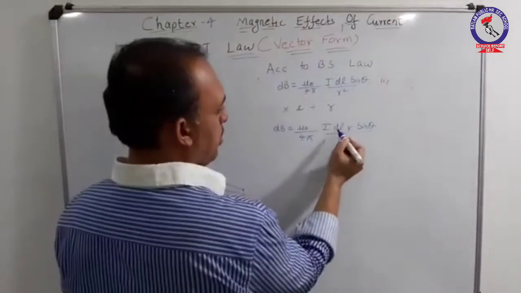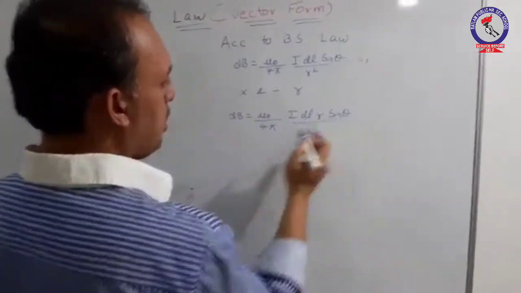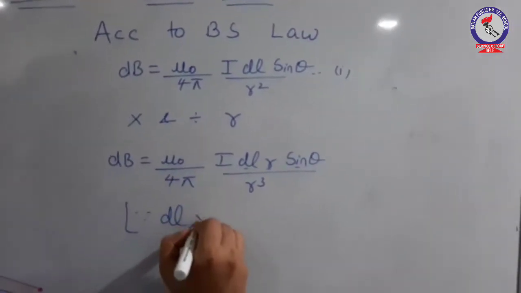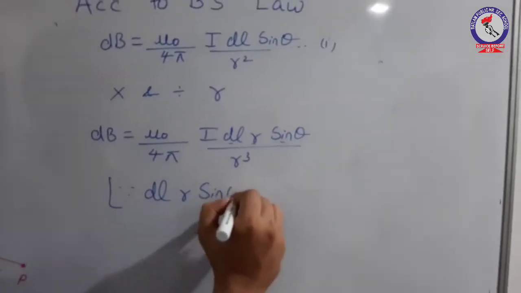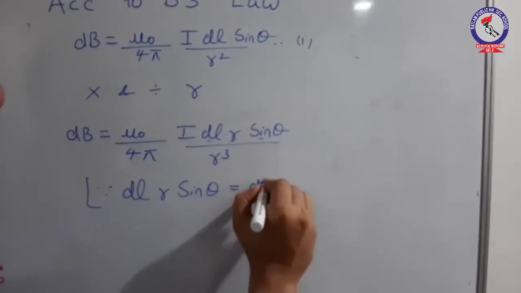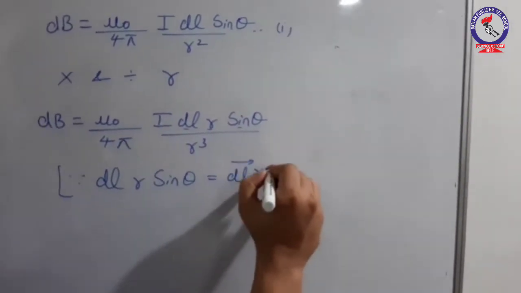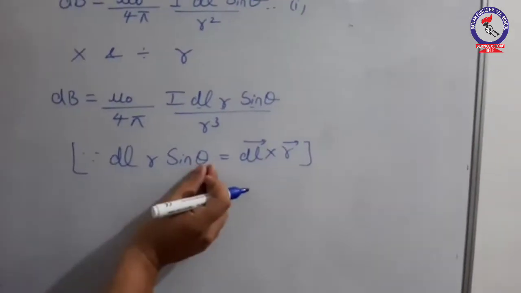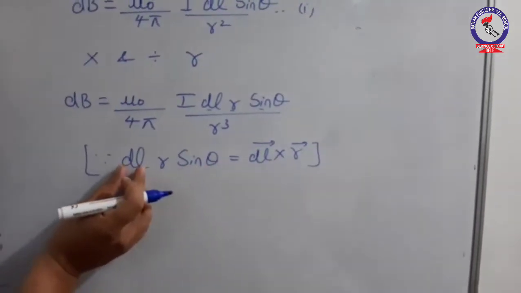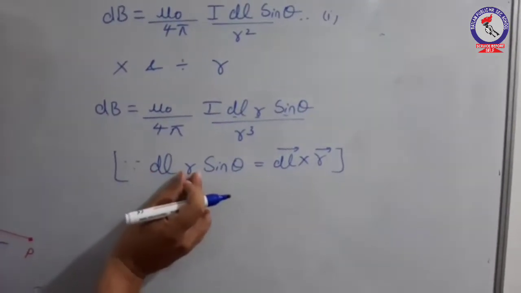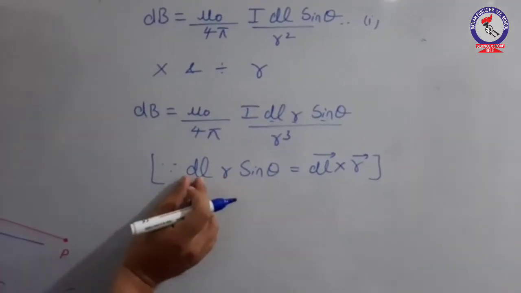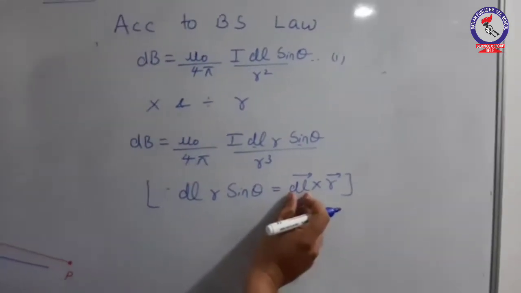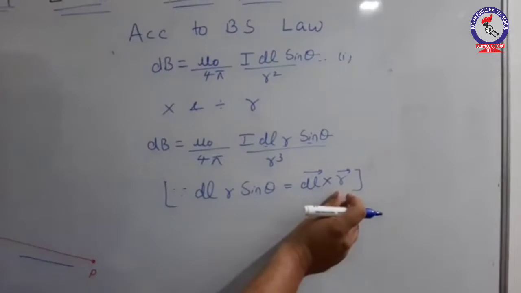Now observe this parameter, dl r sin theta. This can be substituted as dl cross r, as the angle theta was made by the element and the radius vector. So dl r sin theta can be substituted as a vector product, that is dl cross r.